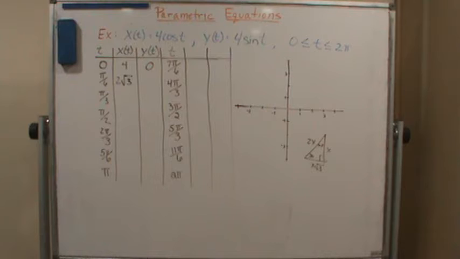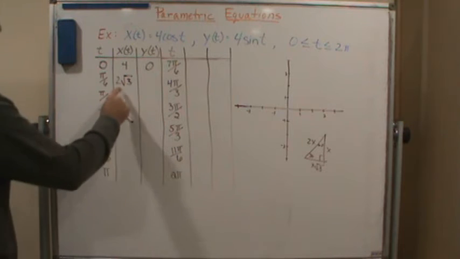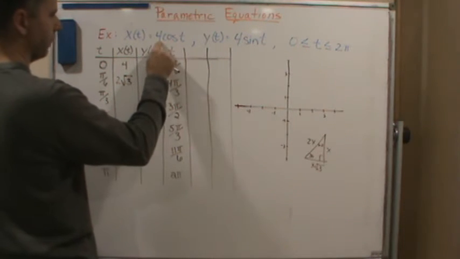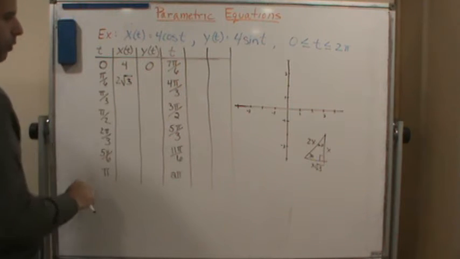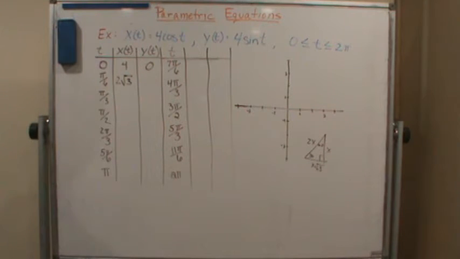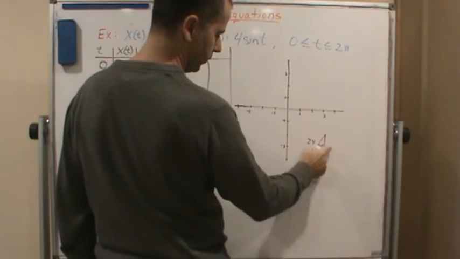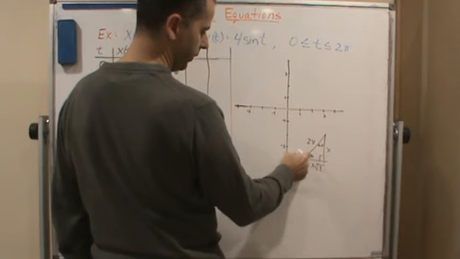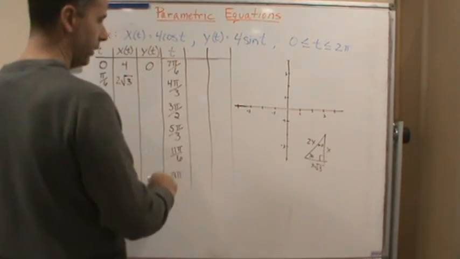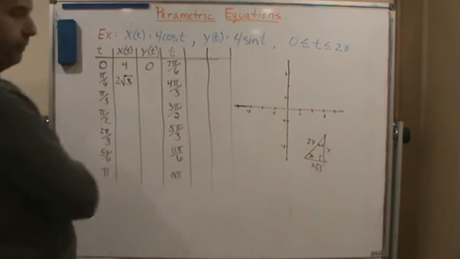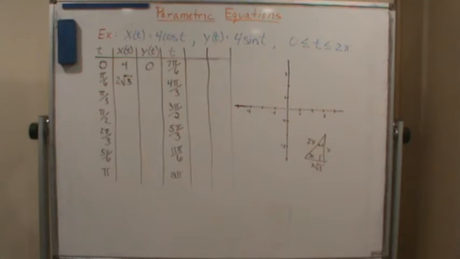Oh, by the way, this is 2 times the square root of 3 because we have to multiply by 4. Don't forget to multiply by 4. If you look at the unit circle, or the triangle here, you get square root of 3 over 2, and then you multiply that by 4, and you get 2 times the square root of 3. Forgot to mention that.